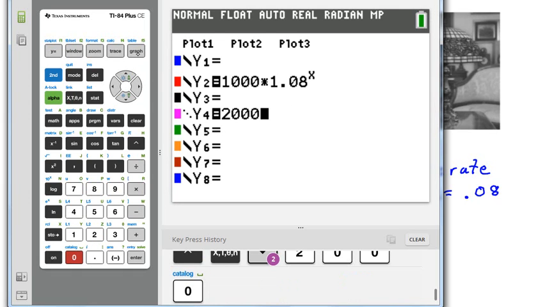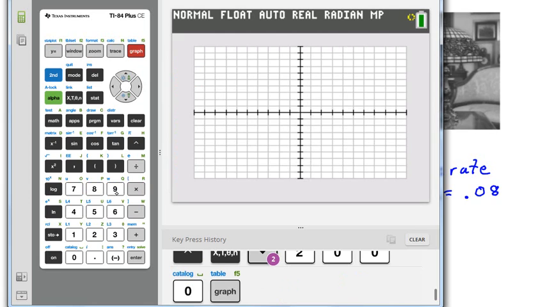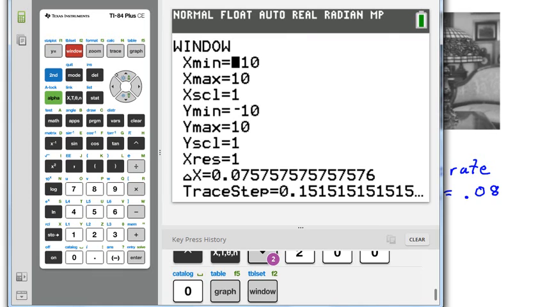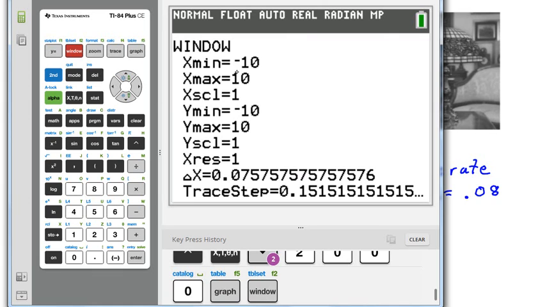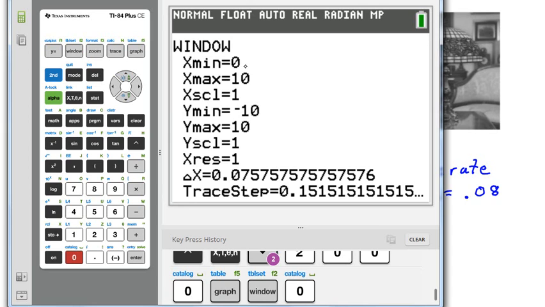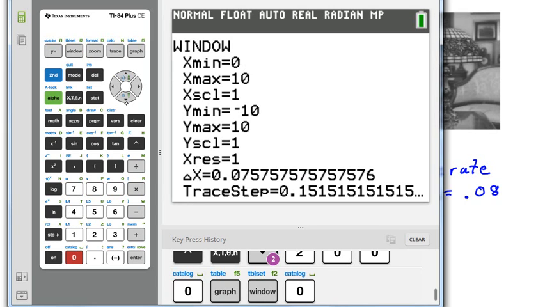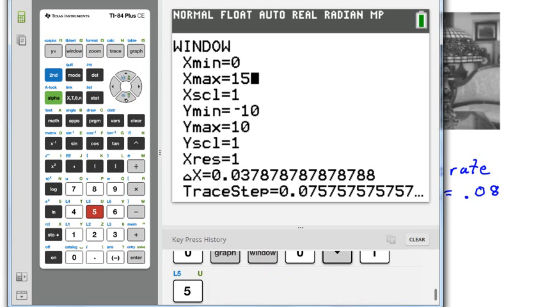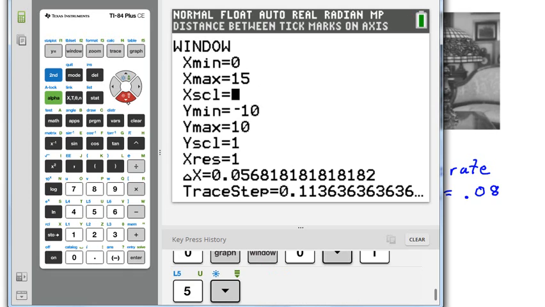And if we graph this, do we see anything? No, we don't. Our window is way out of adjustment for what we need. So what we're going to do is, for x value, we're going to go from 0 to, I don't know, 15, we'll say, as in 15 years, and x scale is 1.